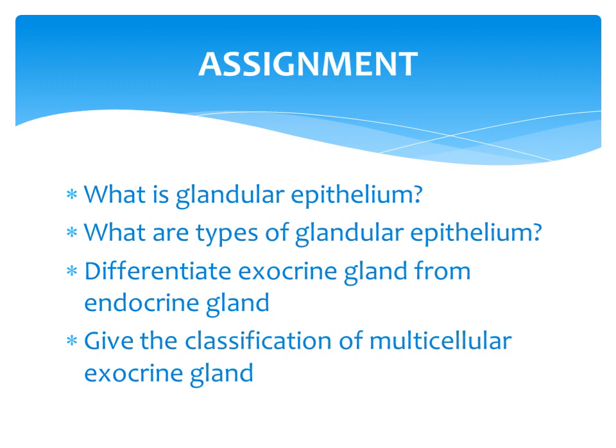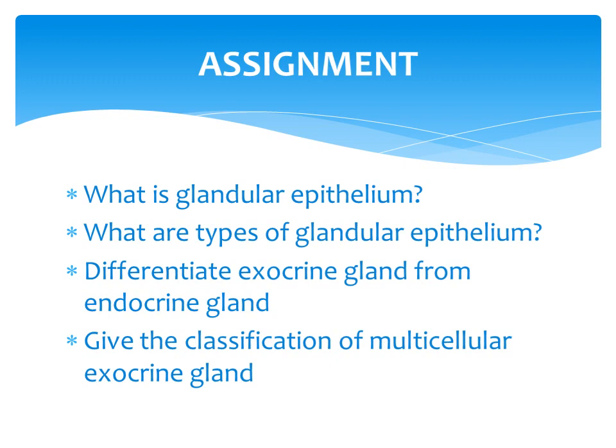Then the fourth question, give the classification of multicellular exocrine gland. Here it is asked overall. There is no specific basis mentioned. For example, if they ask the question based on structure, what will you write? Simple gland as well as compound gland. Or if they ask how the multicellular gland is classified based on its secretory units, we can write tubular, alveolar and tubulo-alveolar.